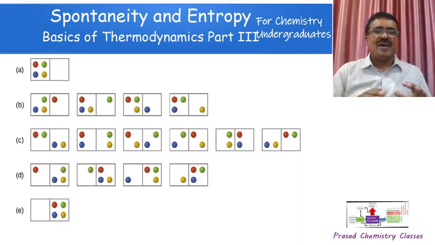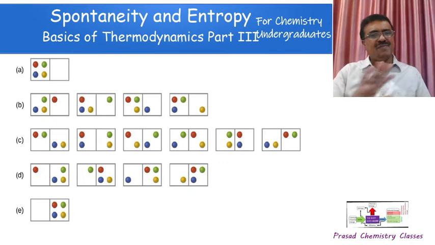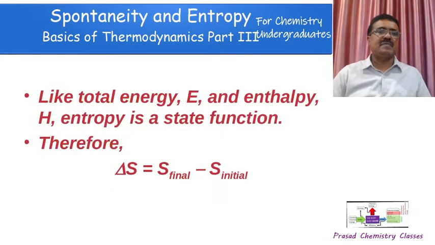So entropy is related to the molecular arrangement also: the number of ways in which a particular macro configuration can be attained. That is entropy according to the statistical interpretation, Boltzmann's interpretation. We are not going into those details here. Just for the sake of information, that slide is included here.